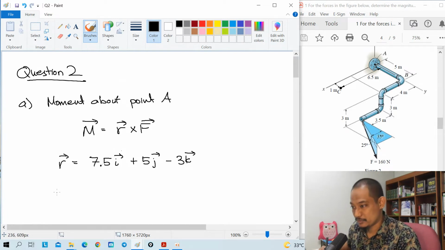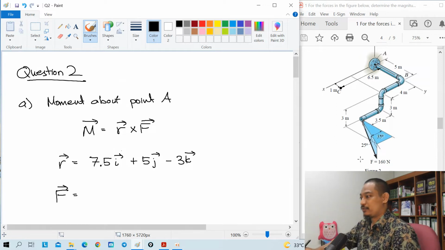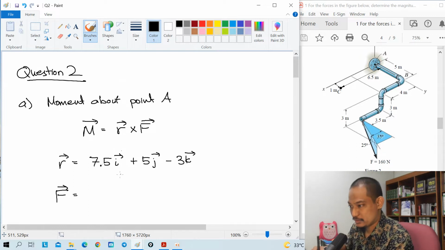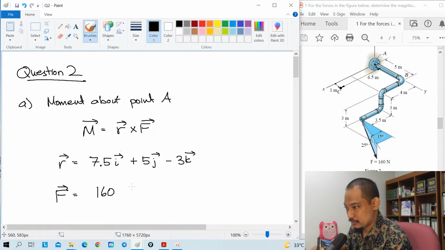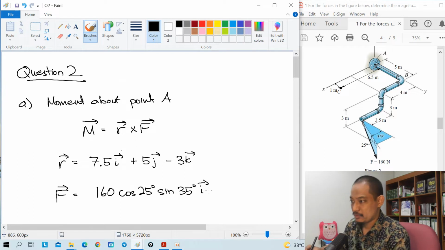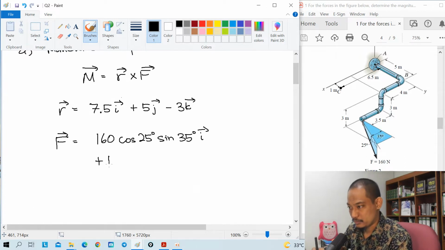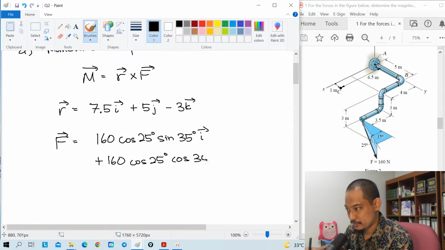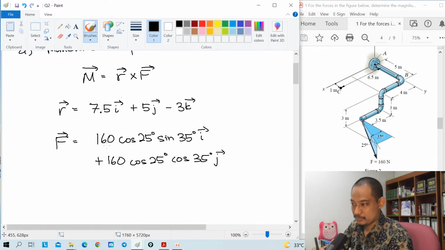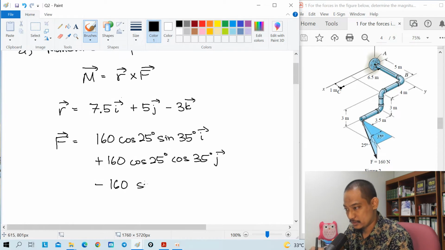Alright, what about the force? Force in vector form: 160 cos 25 sine 35 degrees i, and then positive as well, 160 cos 25 cos 35 degrees j, and then going down, the Z component is minus 160 sine 25 degrees k.